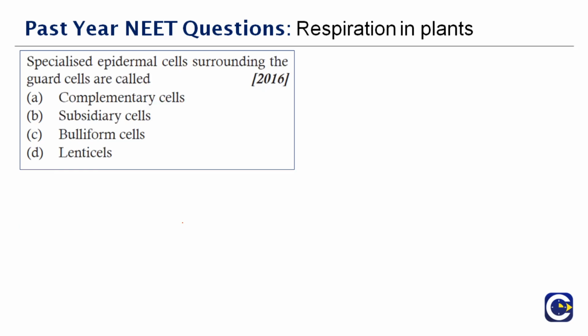Next question here. This question was asked in the year 2016. Specialized epidermal cells surrounding the guard cells are called as dash. What is epidermal cell? Can we just discuss about it? Epidermal cells, so you must have heard of the skin. When we talk about skin, we all know the epidermis is the outermost layer of the 3 layers that make up a skin, right?